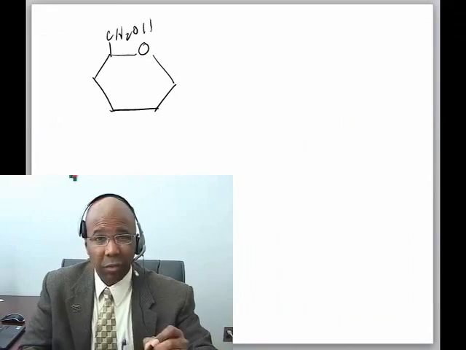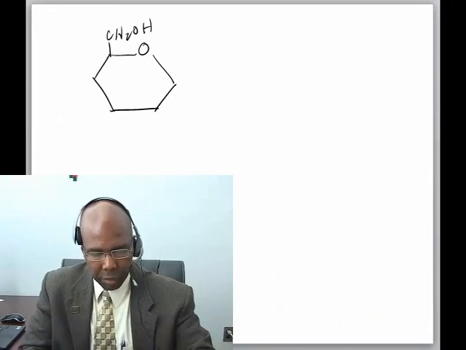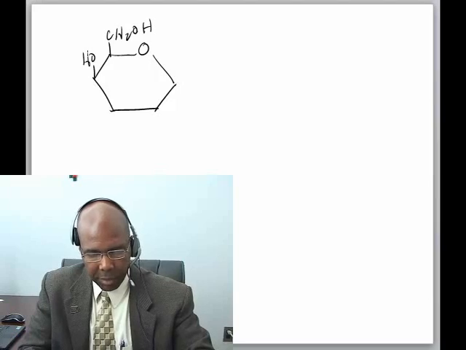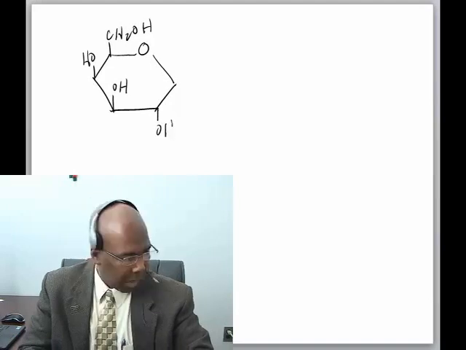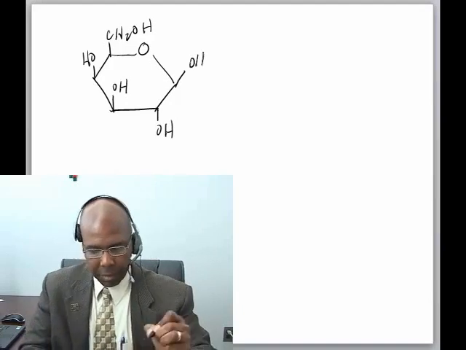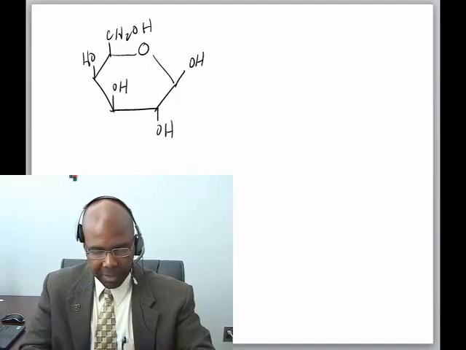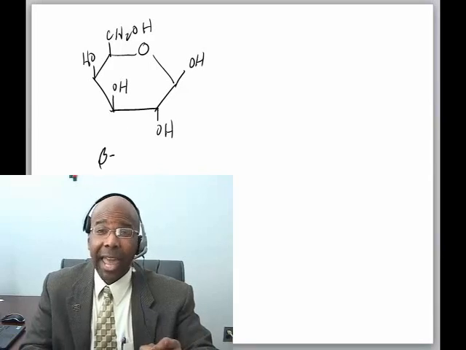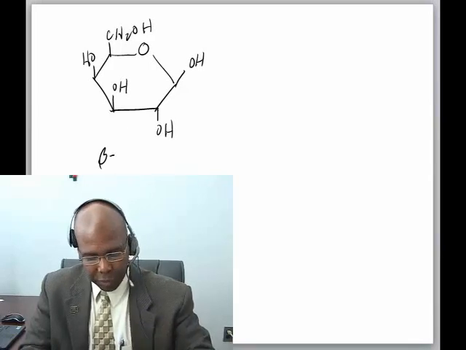CH2OH. And galactose is the 4 epimer of glucose, so the 4 has to go up. And this one is also up. And then down. And we'll have beta. And so this is beta. We know it's beta-D-galactopyranose, but we're just going to put beta-D-galactose.